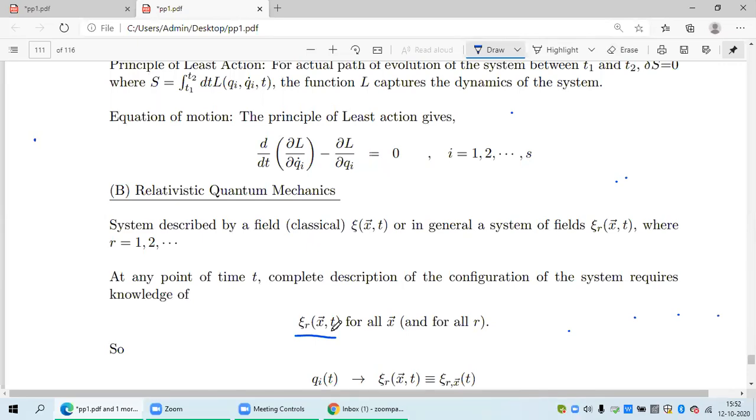Though it is a single electron, you can't just say it has 3 degrees of freedom. It has infinite degrees of freedom because it is represented by a relativistic field, and all the values of the field at all points should be taken into account to describe this electron. Clear?